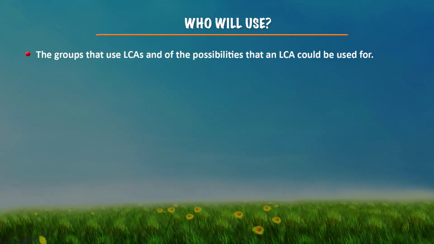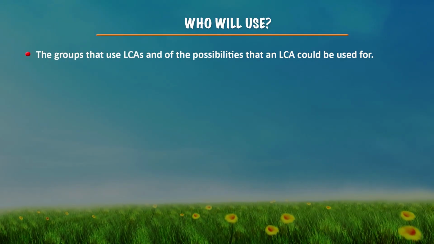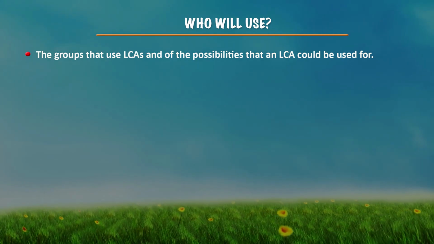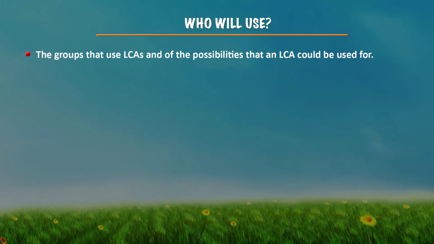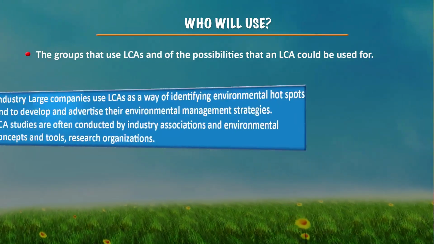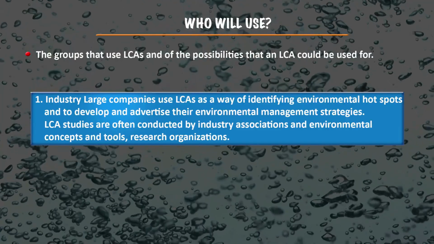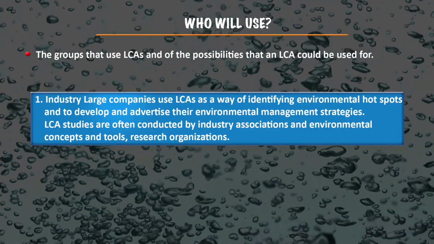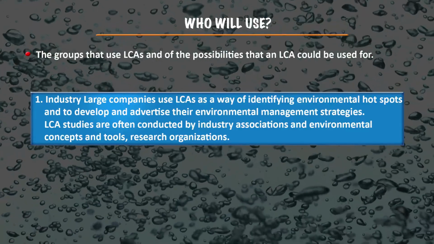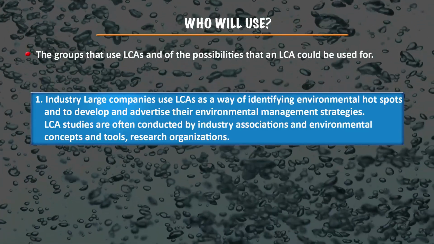Life cycle assessment is mainly used by industries. Industries or large companies use it as a way of identifying environmental hotspots or environmental gaps, and also to develop and advertise their environmental management strategies.